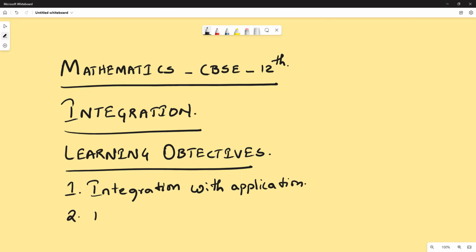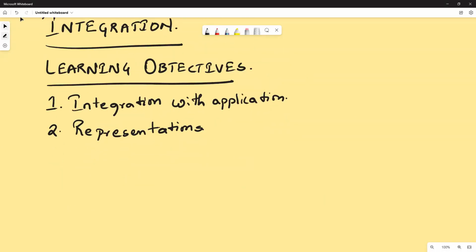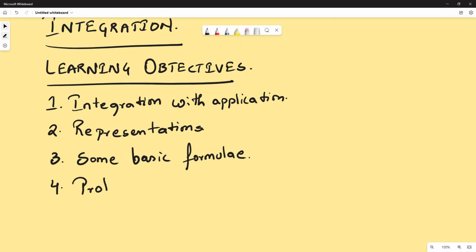Second, I'm going to show you some representation, which are important to understand the different kinds of integrations that we are going to deal with. Third, I'm going to show you some basic formulae. Fourth, I'm going to show you some problems. And lastly, I'm going to conclude.